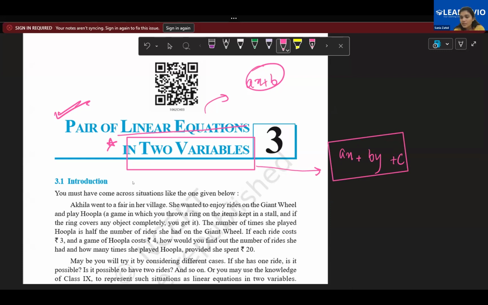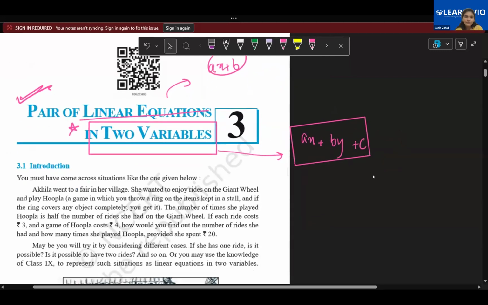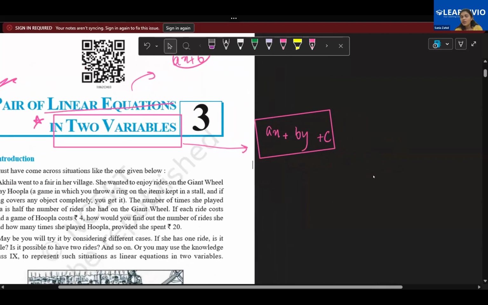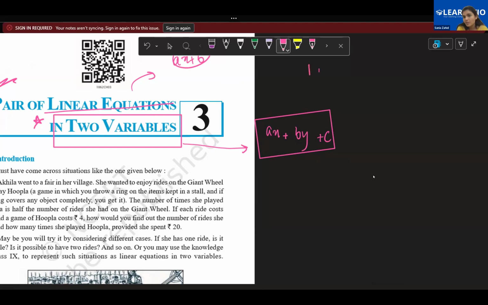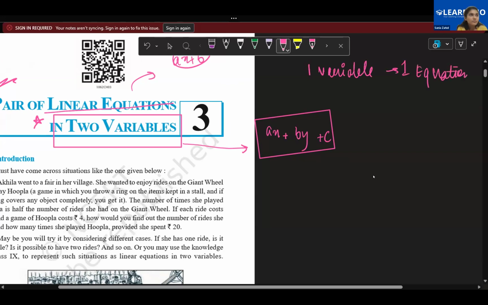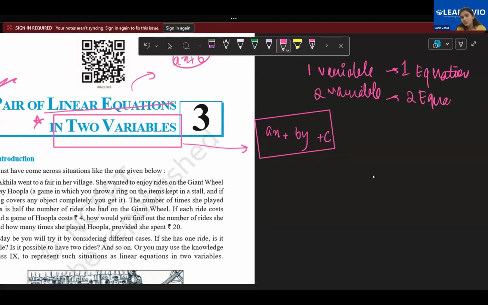Now, what happens is, children, whenever there is only one variable, I need only one equation to find the solution. If I have two variables, children, I will need two equations also.